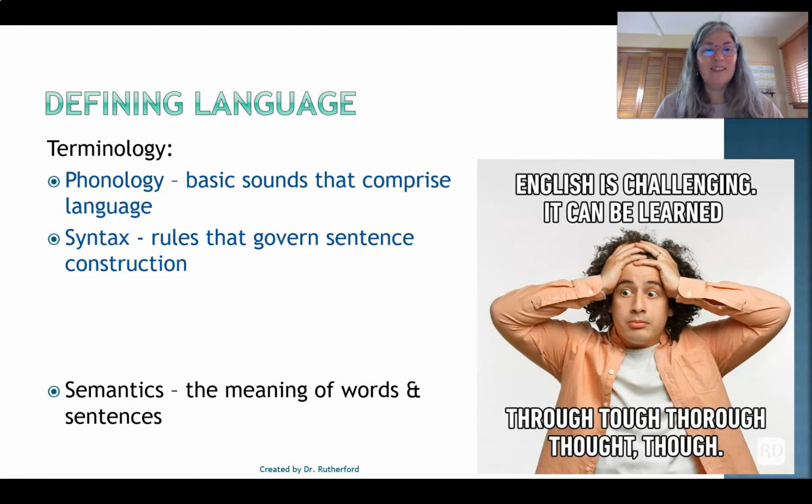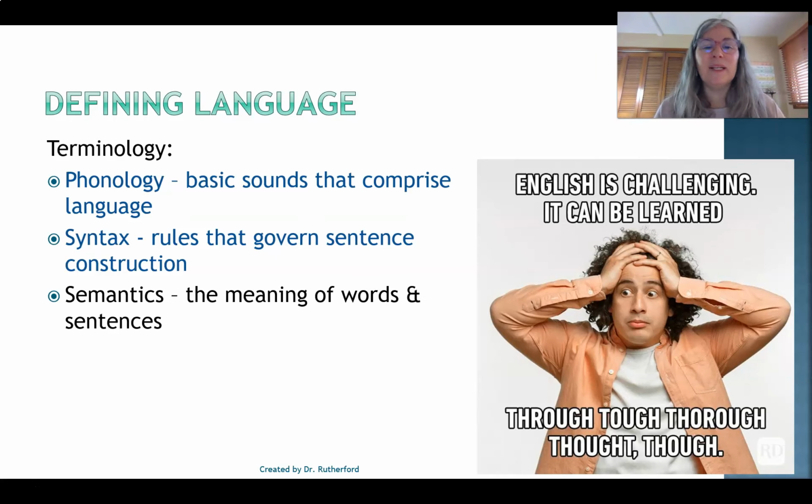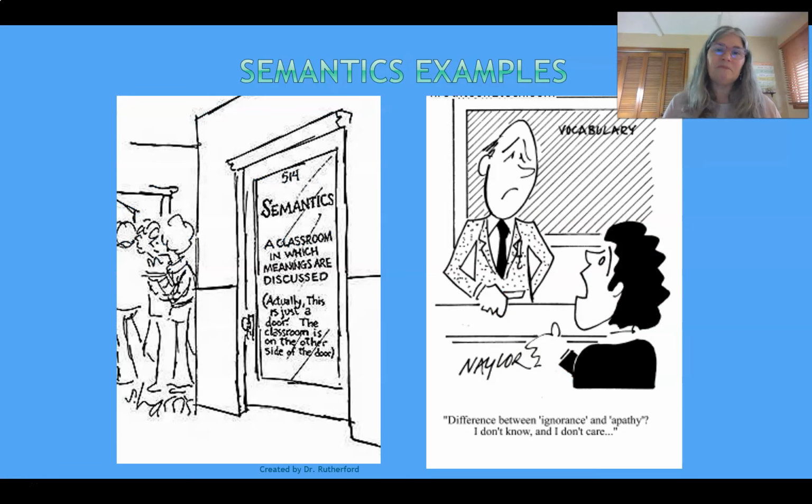So what else? I said there were 4 components. The third one is semantics. Semantics is looking at what the word itself means. I thought the meme below was somewhat related because you can see those words all look very similar. But semantics is where you learn that through is different than tough, which is different than thorough, which is different than thought, which is different than though, even though they all look similar.